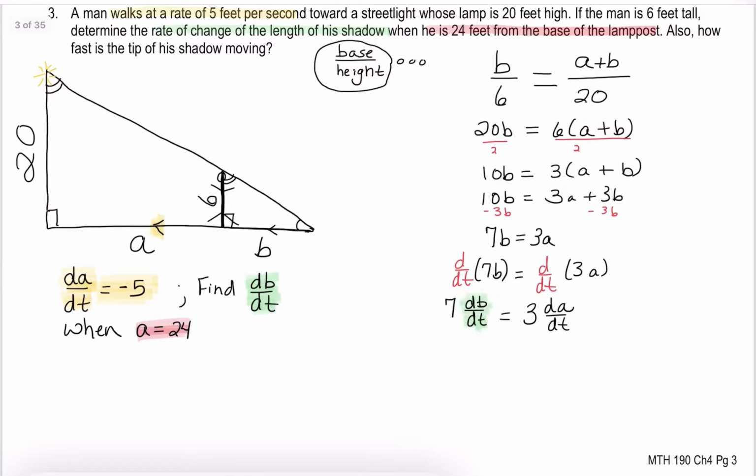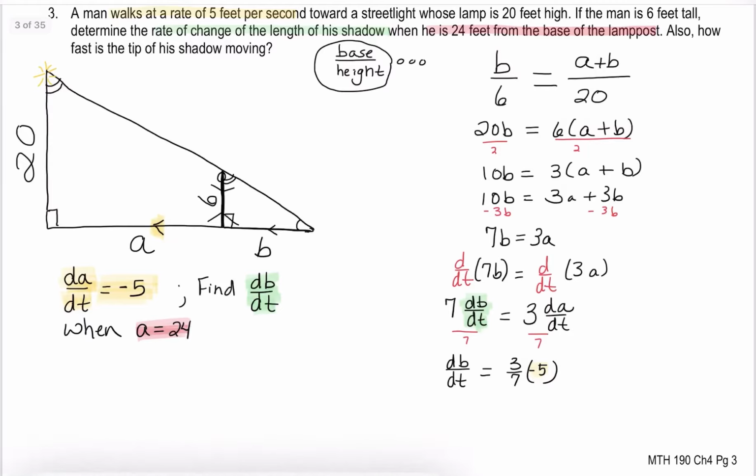So let's divide both sides by 7, and then sub in our dA dt. It looks like how fast the length of his shadow is changing, dB dt, is 3/7 times dA dt, which we know is -5.